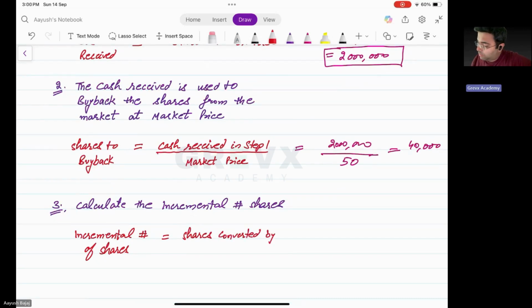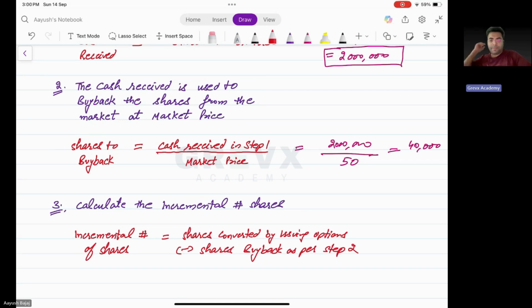Shares converted by issuing the options minus the shares buyback as per step 2.